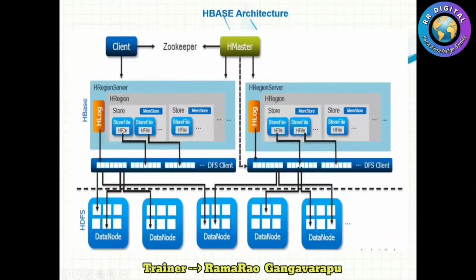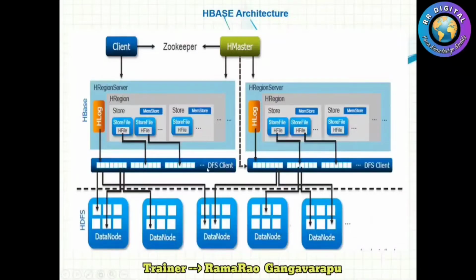So H file is basically where your data is stored temporarily. But whenever this H file is going to be full, like this memory is going to be full, then it will send that entire data to data nodes. So what is the use of a DFS client?